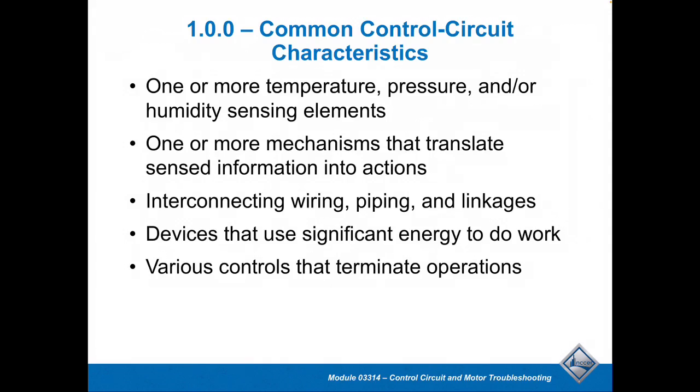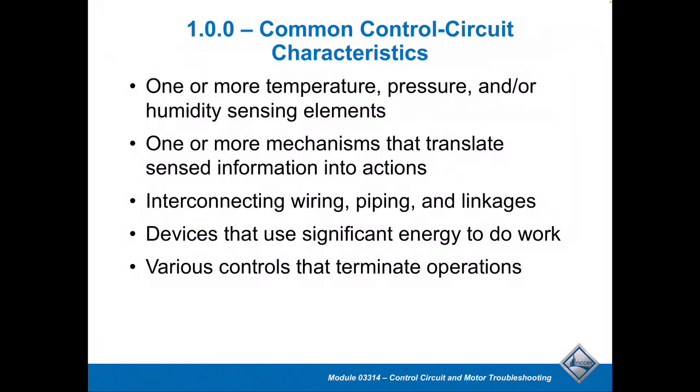The first part of the control module is considering common control circuit characteristics. One or more of them are going to control some sort of pressure, temperature, or humidity device. You're going to have mechanisms that take that information and do something with it.